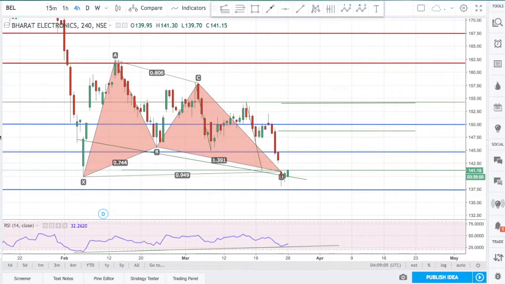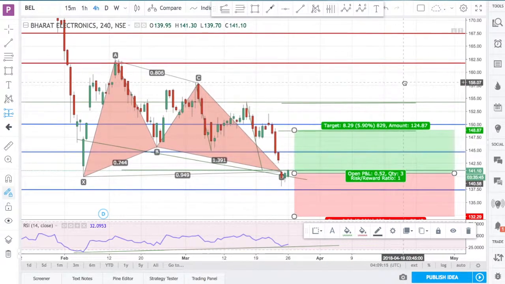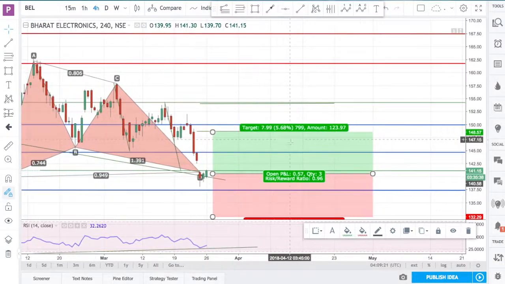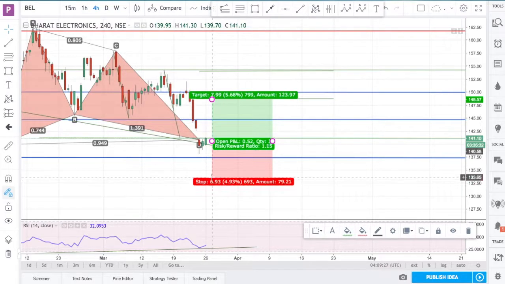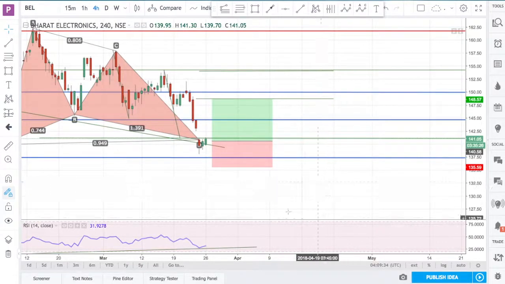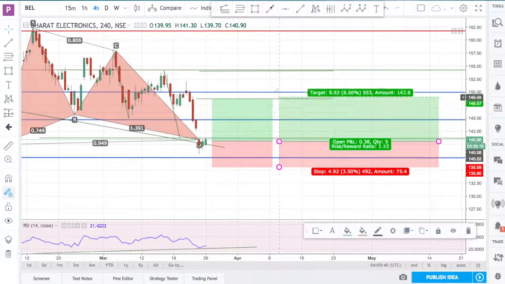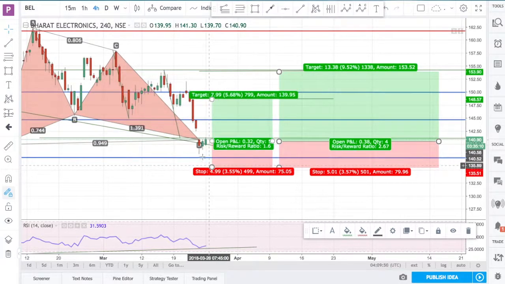Okay, let's grab our tool. Market opened here, so first target would be this, with a stop loss just below this major support level, and our second target should be this, with stop loss just below the support level.